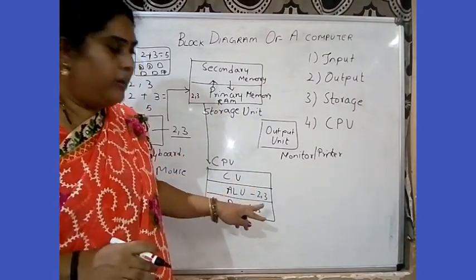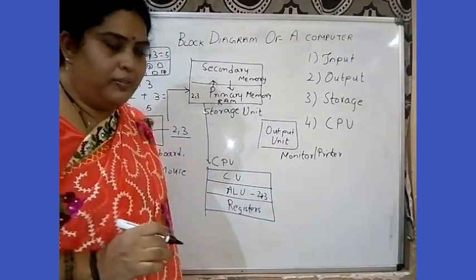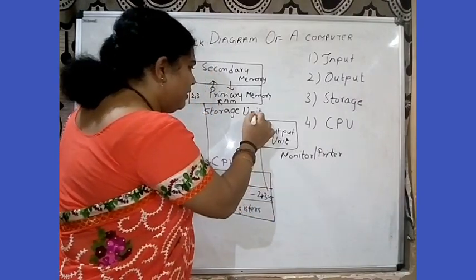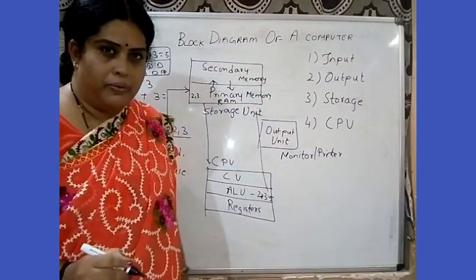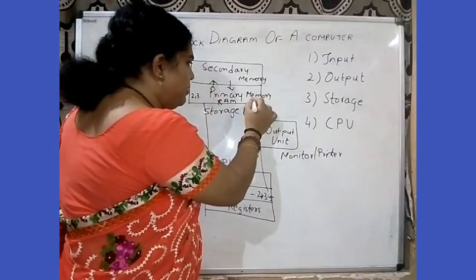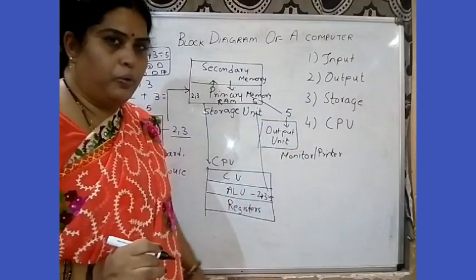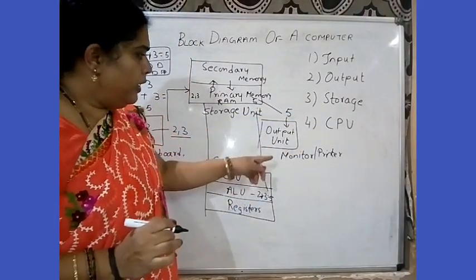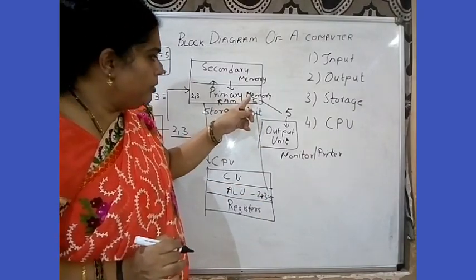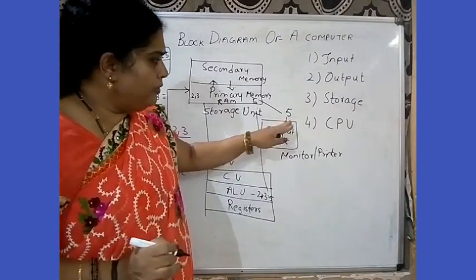The ALU now takes this 2 and 3, it does 2 plus 3, and it gets the result as 5, and this result 5 is sent again to the memory unit, and when the output unit wants this, it is taken from this memory unit, and this 5 is displayed by this output unit. So it is taken from the CPU, it goes to the primary memory, and from the memory again to the output unit.